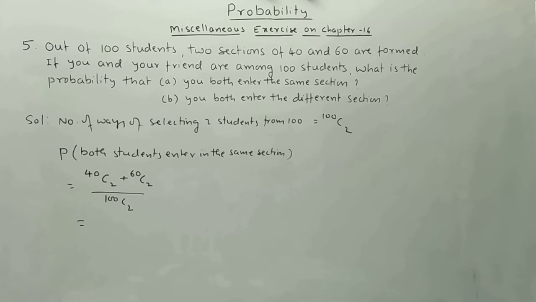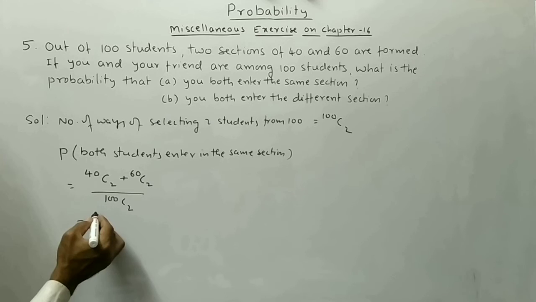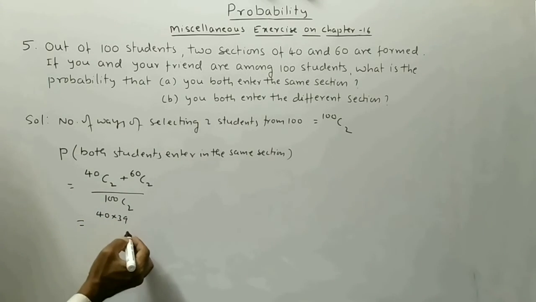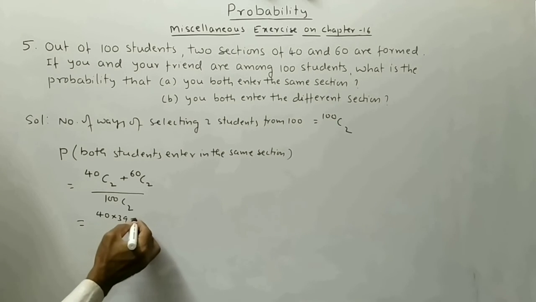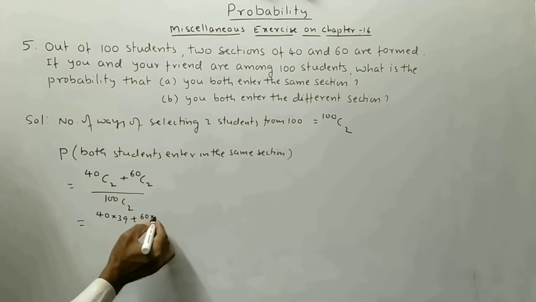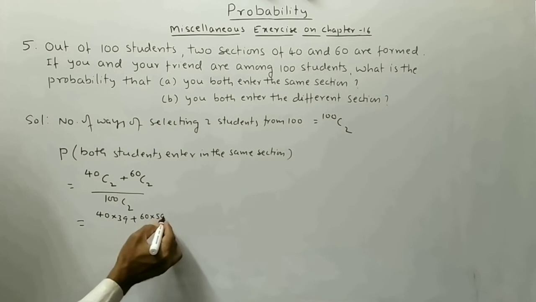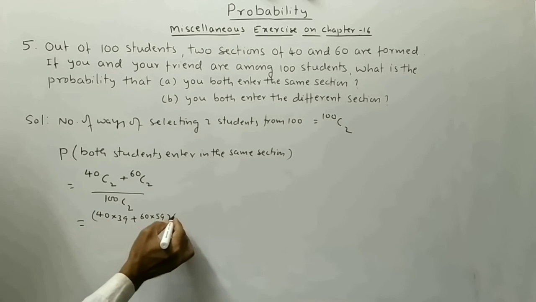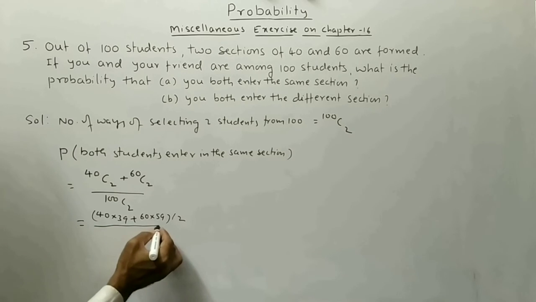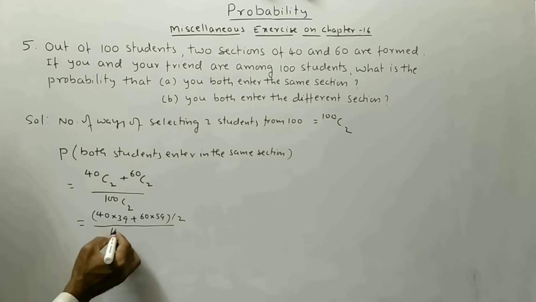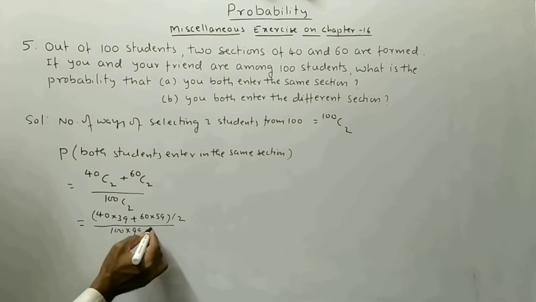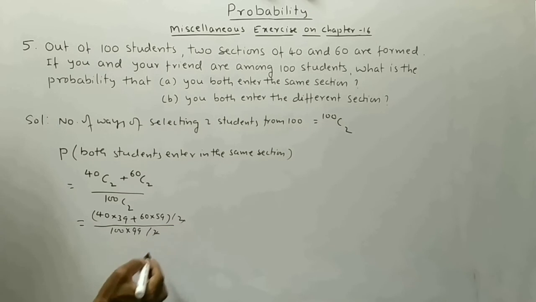This is equal to 40 into 39 plus 60 into 59 divided by 2, whole divided by 100 into 99 divided by 2.